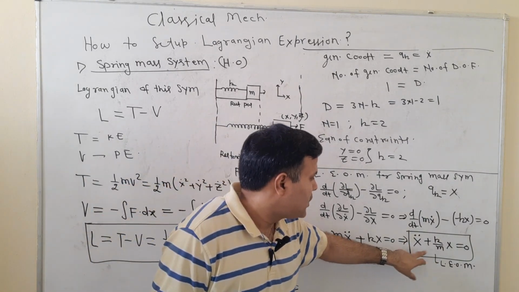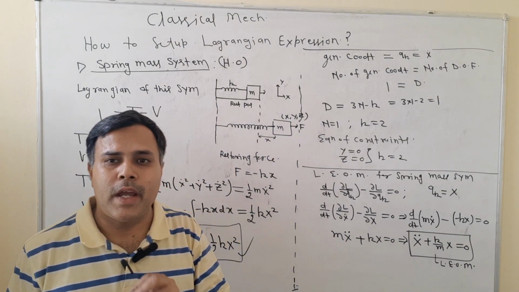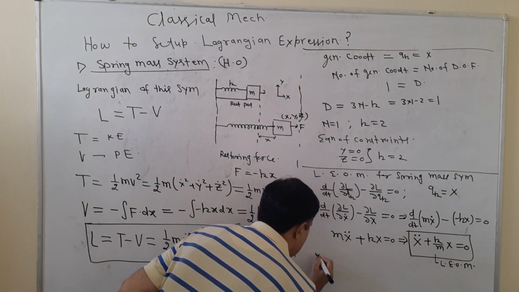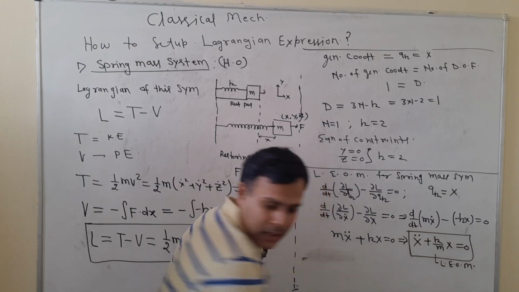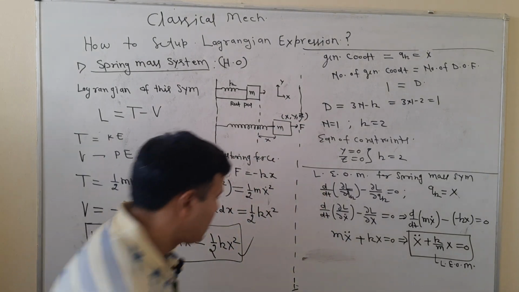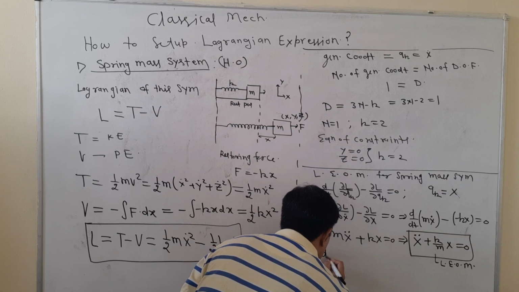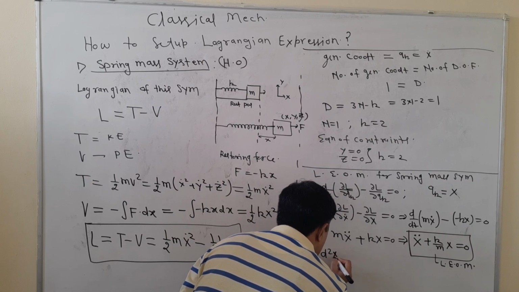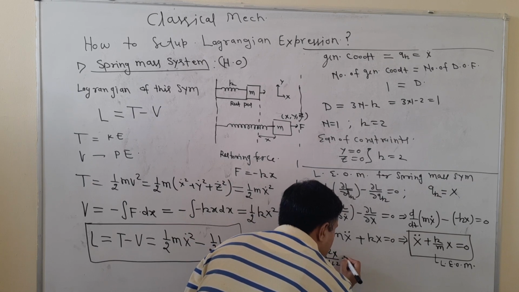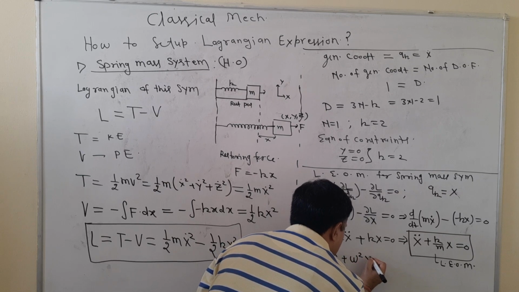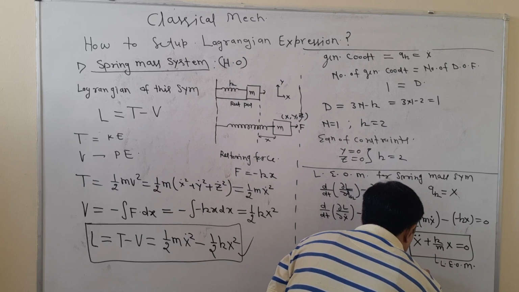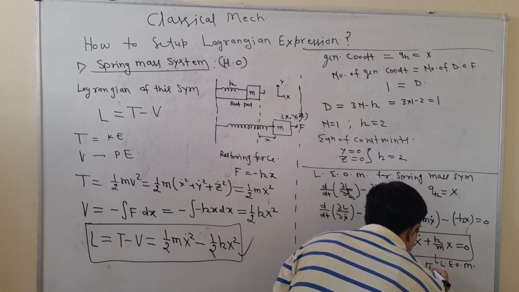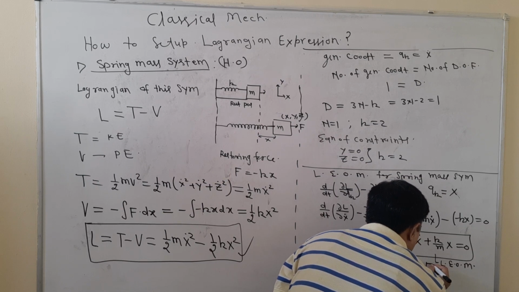So x double dot is simply d2x by dt square. In other words, we can write this as d2x by dt square plus omega square x equal to 0, where omega is the square root of k by m.